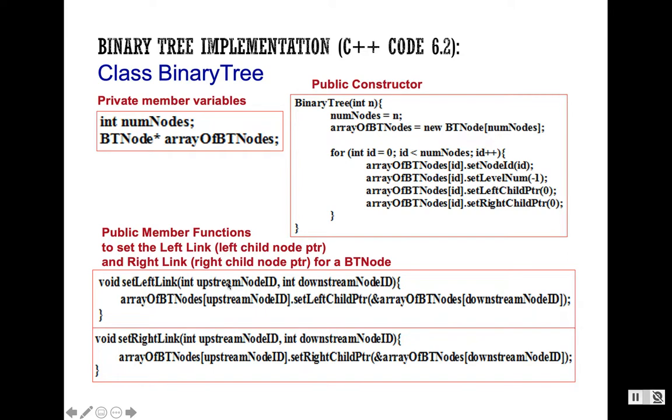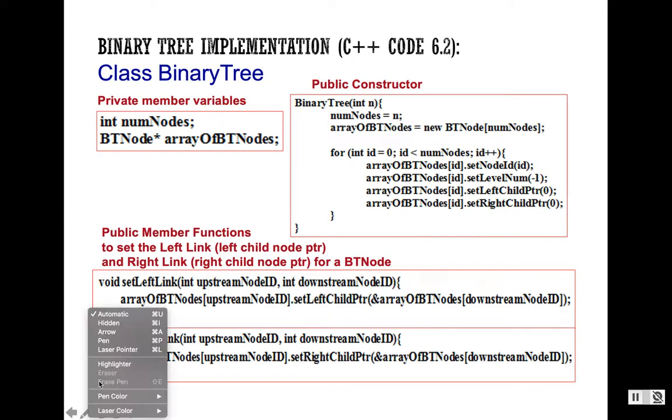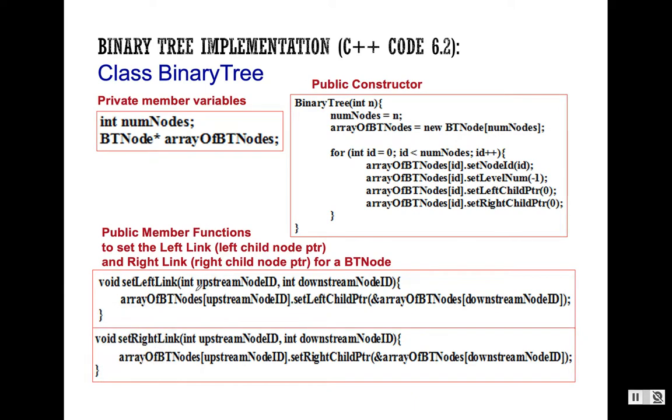So here the first parameter is actually the parent information, and the second parameter is the id of the child node. So this is the id of the parent node, and this is the id of the left child node.